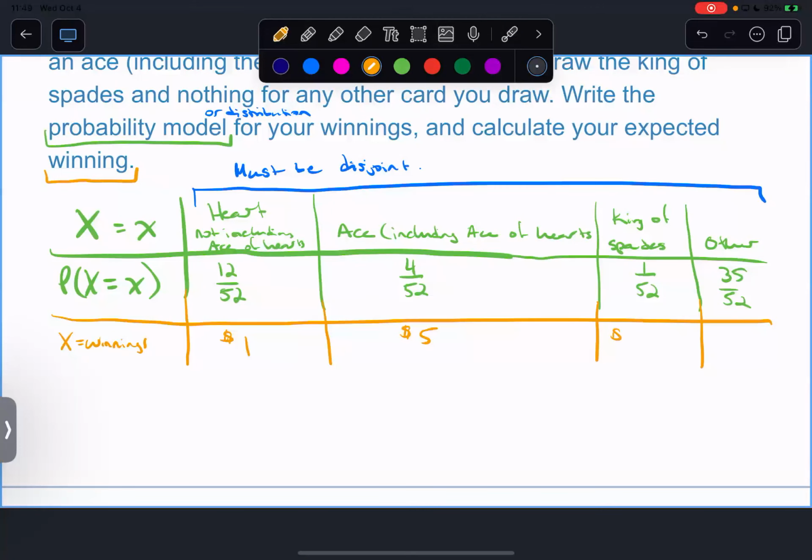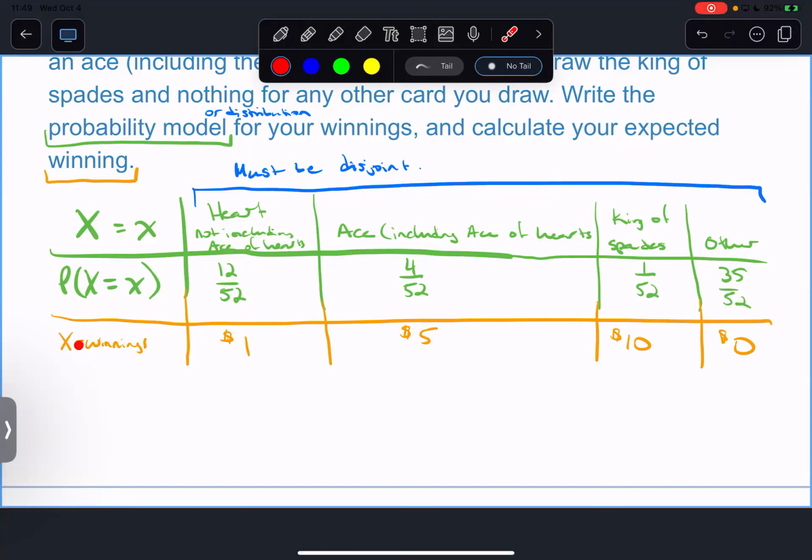The king of spades, you get $10. Everything else, you get nothing. Okay. So now you have some discrete outcomes with the probabilities, and now you're able to find the expected winnings.